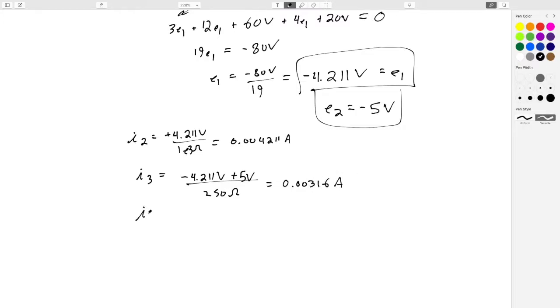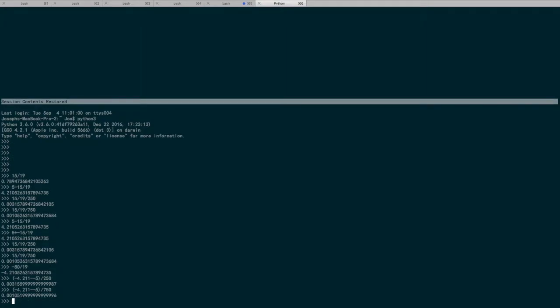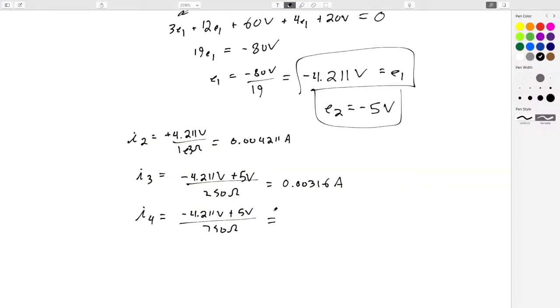Again, this is all looking familiar. And I4 will equal negative 4.211 volts plus 5 volts over 750 ohms, which is the same stuff, pretty much, 0.00105 amps.